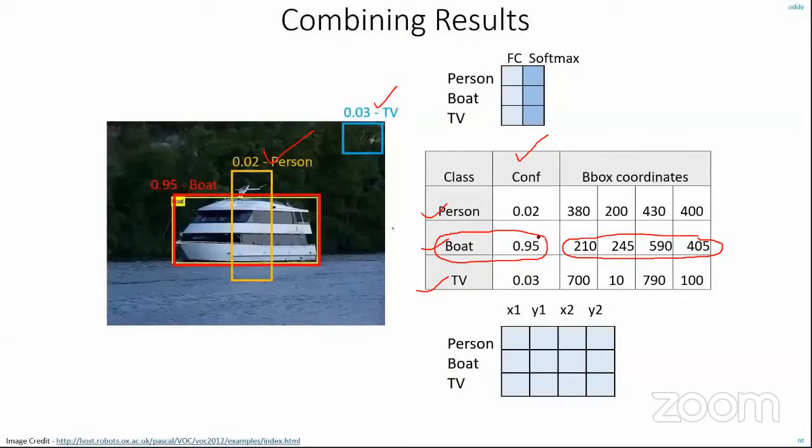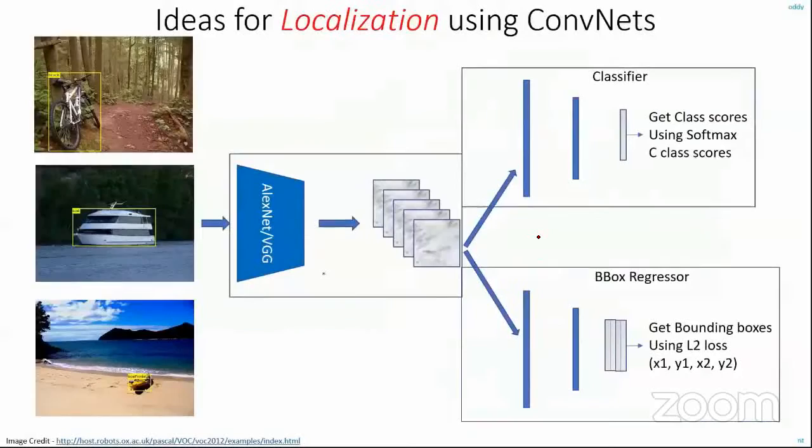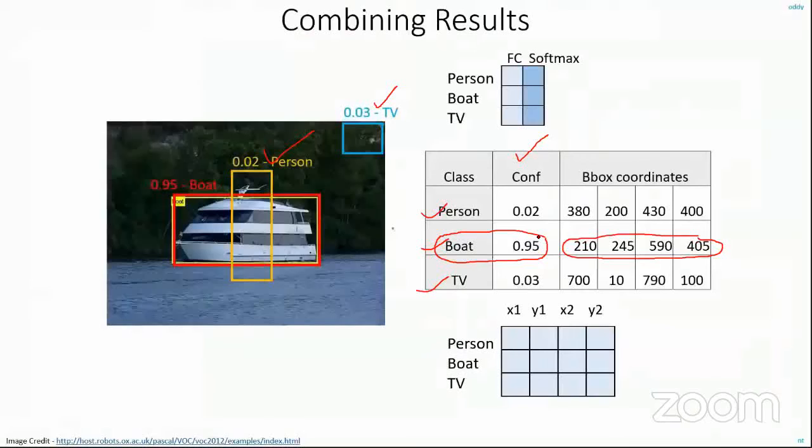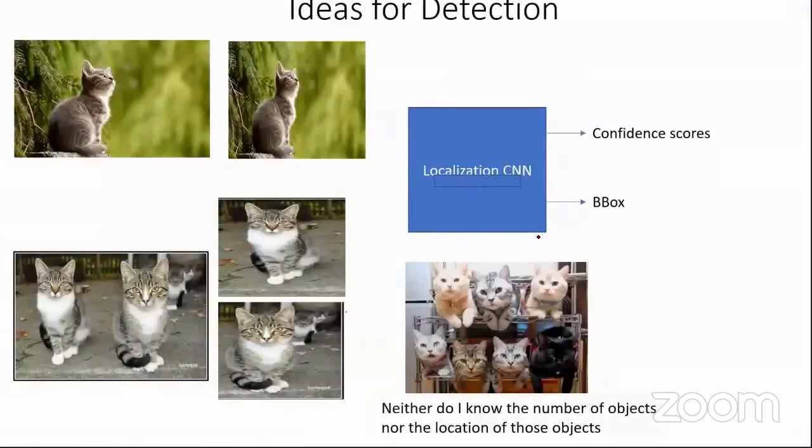I hope you guys are getting it. Where did we start from? We had a simple classifier. We decided to add some more layers, which will help us train a model on x1, y1, x2, y2, and we'll train it using L2 loss. We'll have confidence as well as the bounding boxes, and whichever confidence is higher, accordingly we'll draw a bounding box around it.